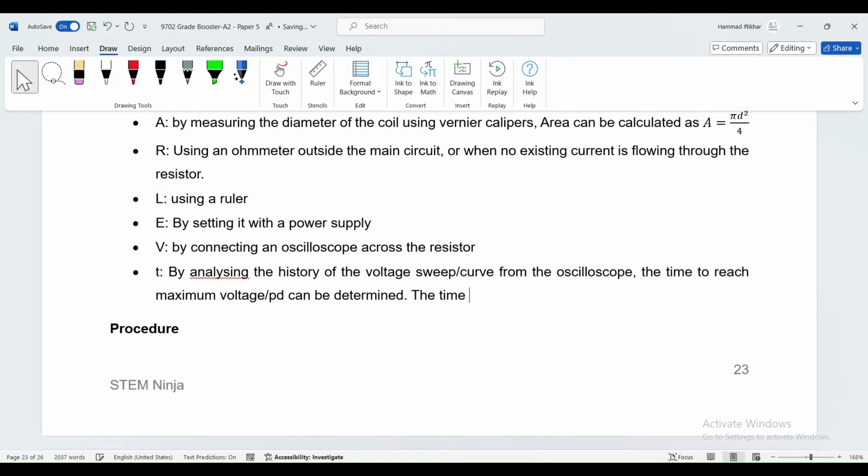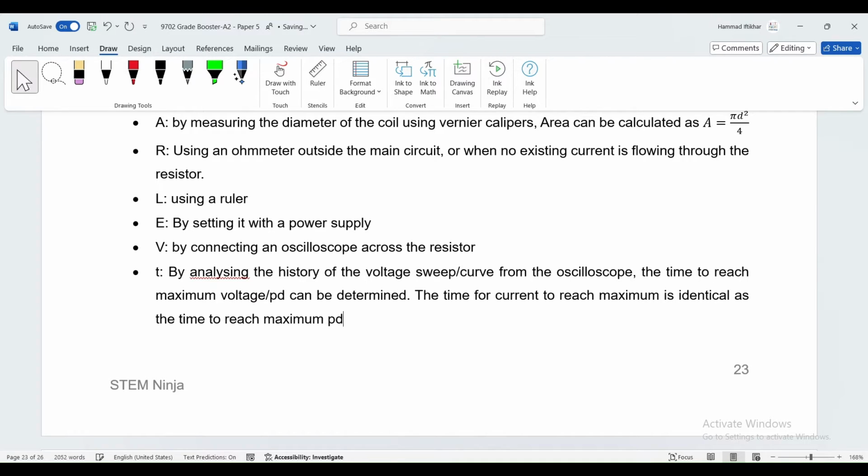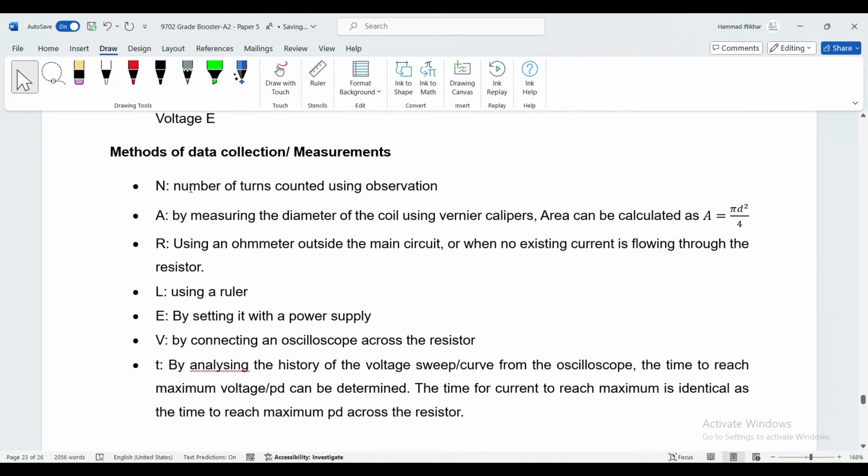The time for current to reach maximum is identical as the time to reach maximum potential difference across the resistor. Right, okay. Now we have done everything. What else do we need?